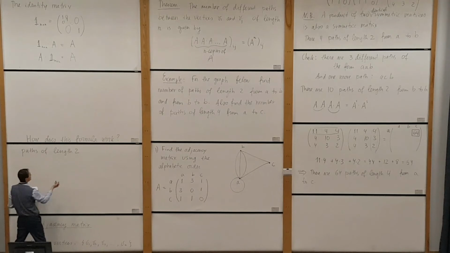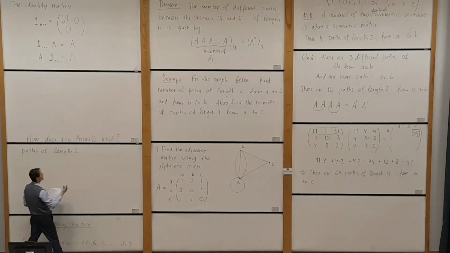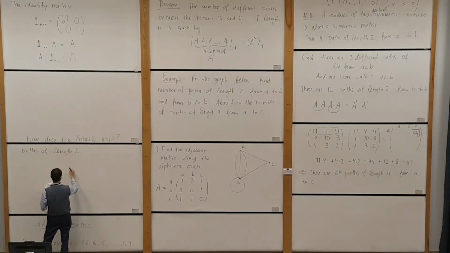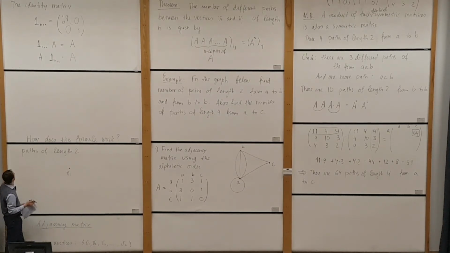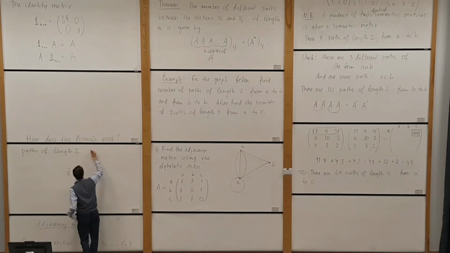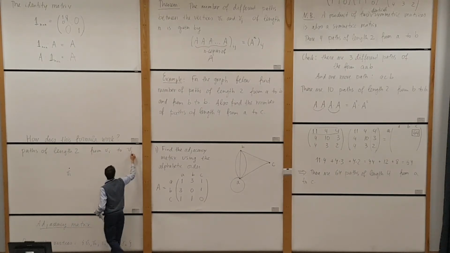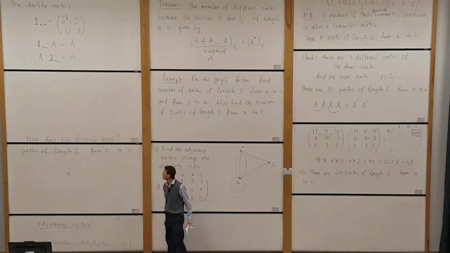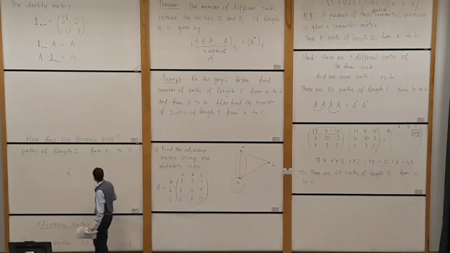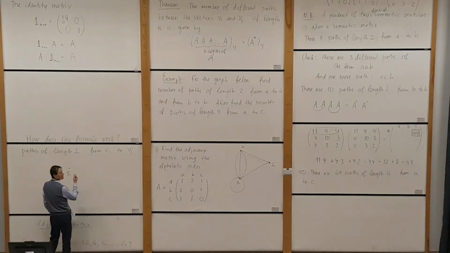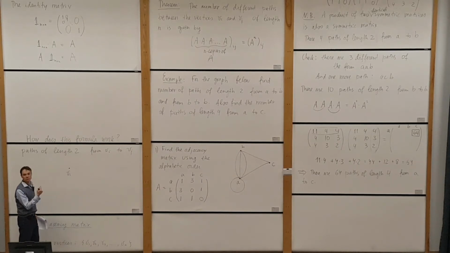Well, before I do it, how would I do it by hand? Well, suppose I have labels, right? So I'm interested in paths of length 2 from V sub i to V sub j, where i and j are two indices. So that length 2 means that I should use up 2 edges.